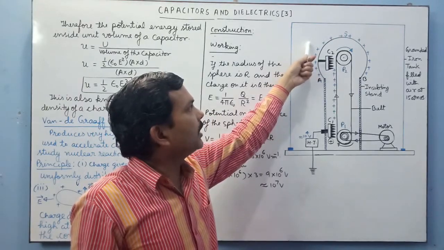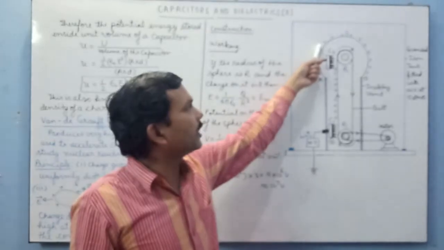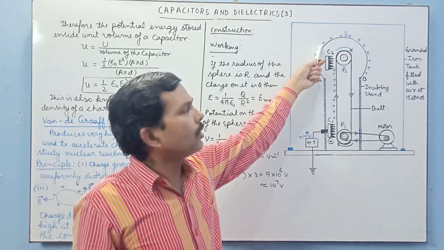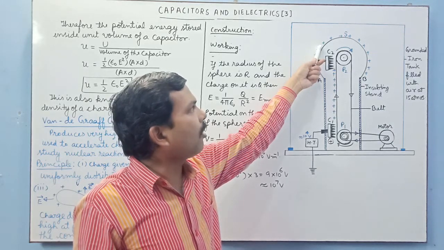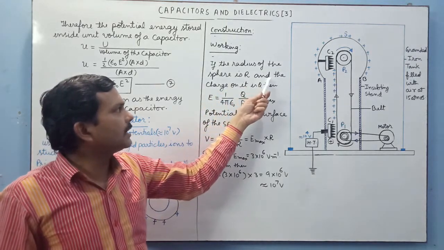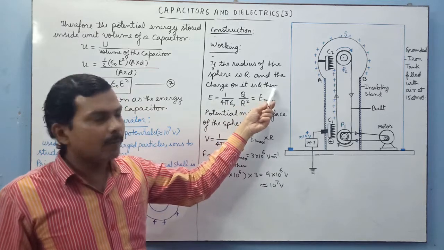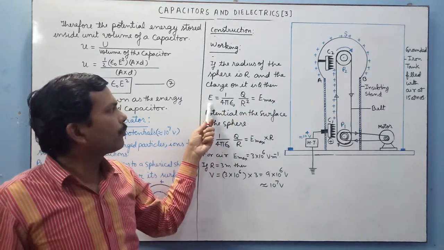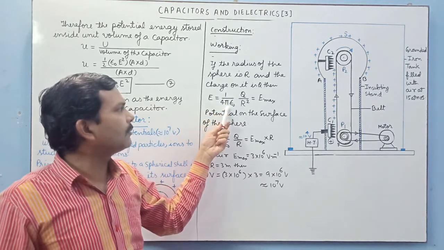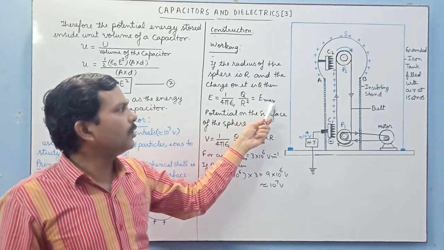In this condition, the electric field on the surface of spherical conductor S is maximum and is equal to the dielectric strength of the air. Now, if the radius of the sphere is capital R and the charge on it is capital Q, then the electric field on the spherical conductor S is 1 upon 4 pi epsilon 0 Q by R square, and this will be equal to E max.